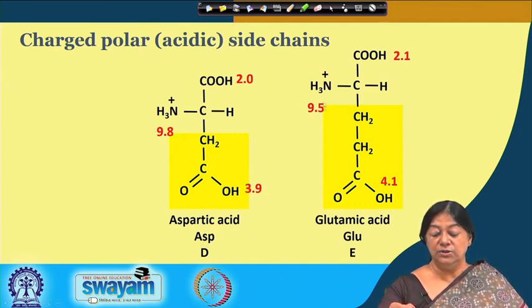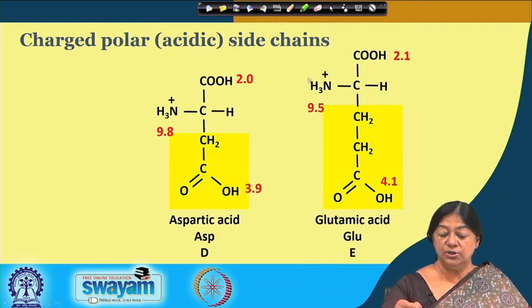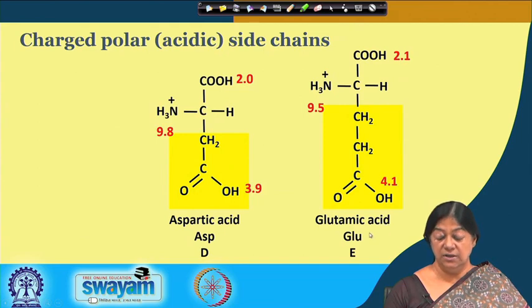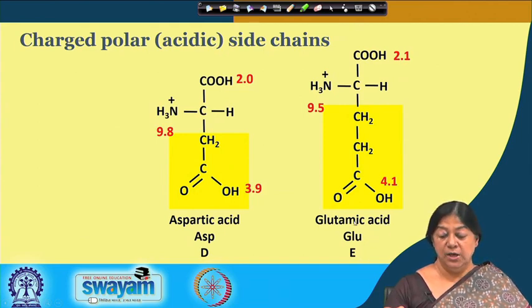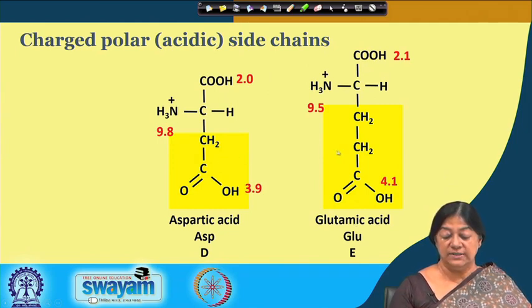When we look at glutamic acid, we see that if we look at the top portion here, it is identical because these are all amino acids. But what do they differ in? They differ in their R group. This R group has an additional CH2 associated, which is glutamic acid, 3-letter code GLU and 1-letter code E. So, when we look at these 2 amino acids, we see that there are specific pKa values associated with the protons.